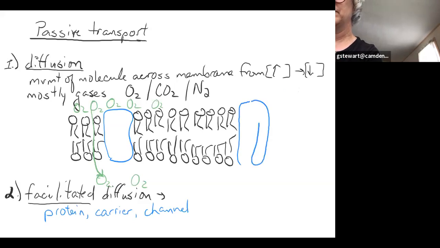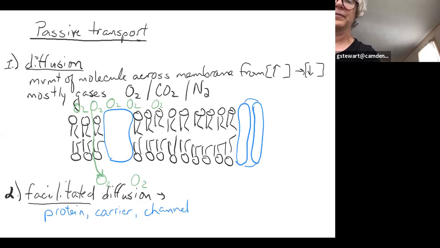And this protein is going to be drawn like that. Okay, this protein is going to be my example of a carrier protein.